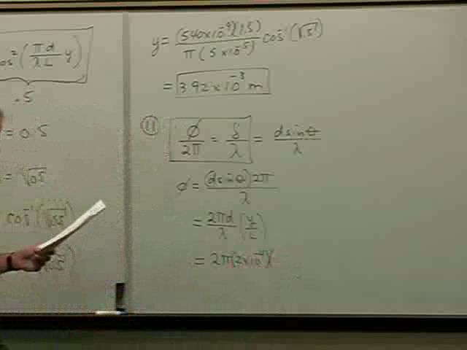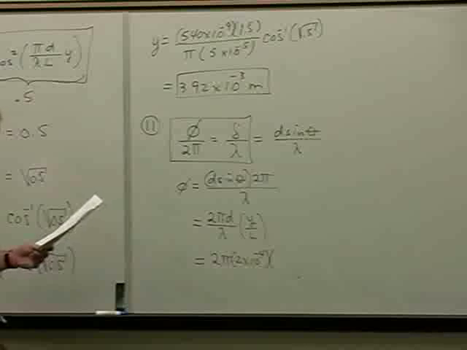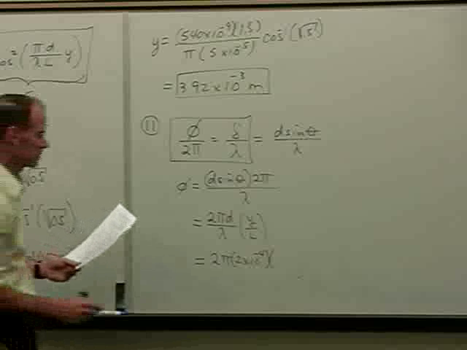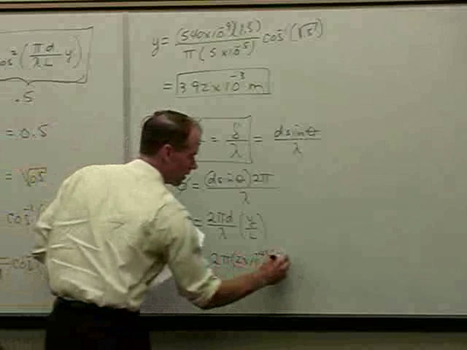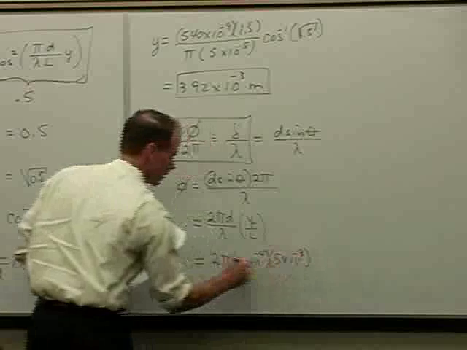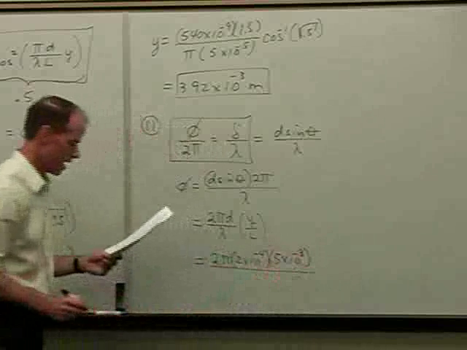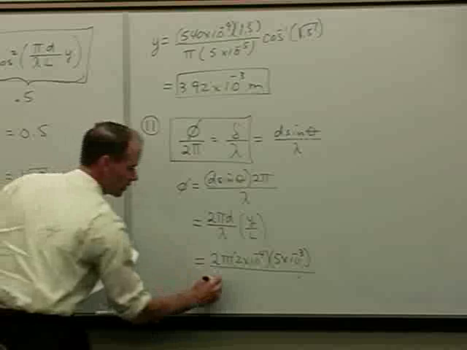Y is given as 5 millimeters above the central maximum, so Y is 5 millimeters. The wavelength of the light is 400 nanometers.